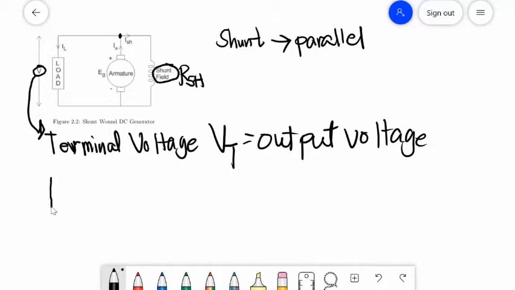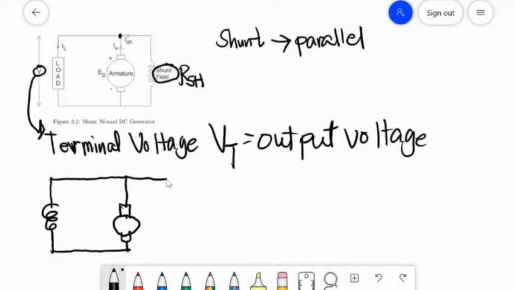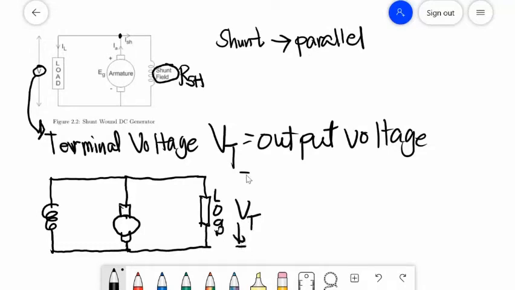This is your shunt resistance, and then this is your generator, connected to the load, and it has an output voltage VT.